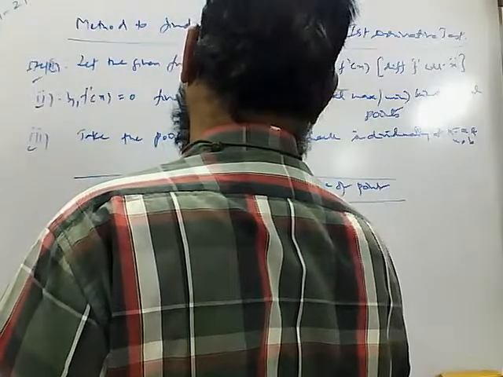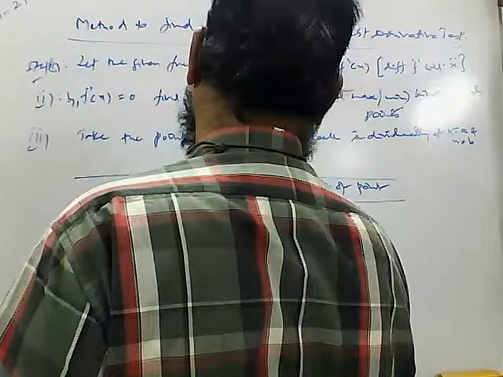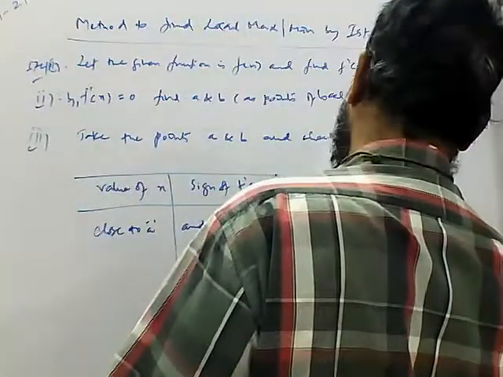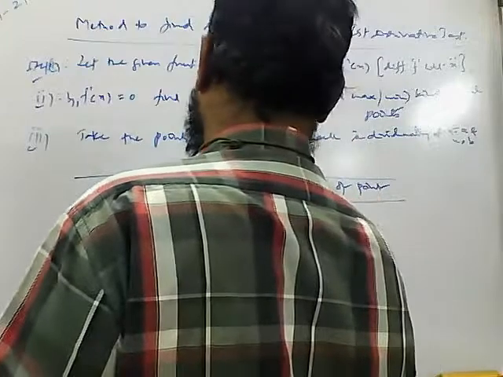Close to A and to the right of A, f dash x is greater than 0. Close to A and to the left of A, it is less than 0.